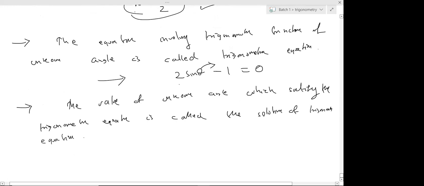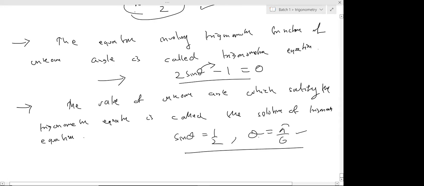If you take this example, sine theta is equal to half, so we can say theta is pi by 6. We'll see that there are many angles which will satisfy this equation, but for now we can say theta is pi by 6. So this is a solution for this trigonometric equation.